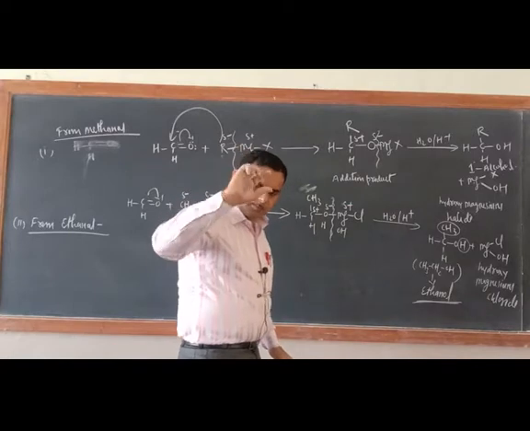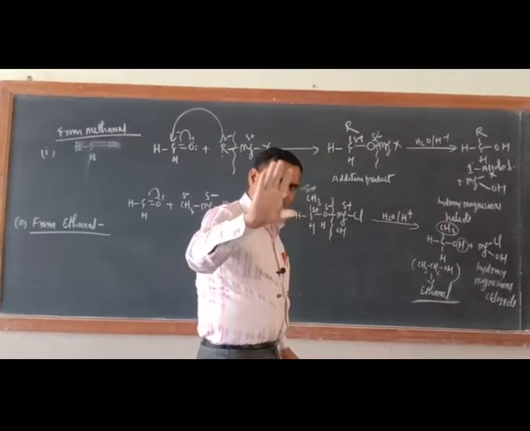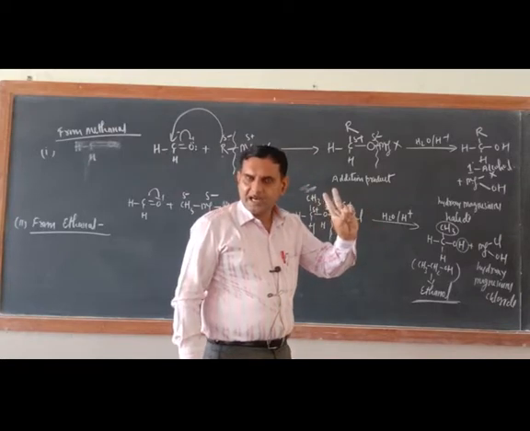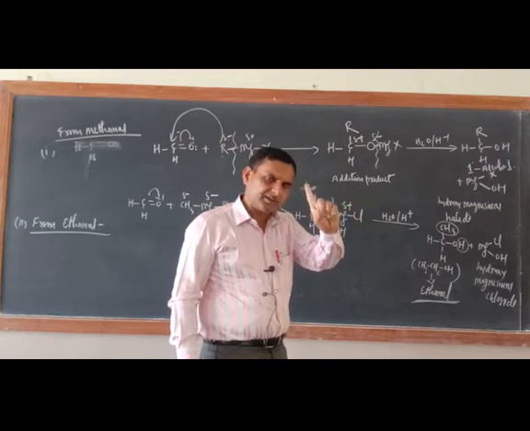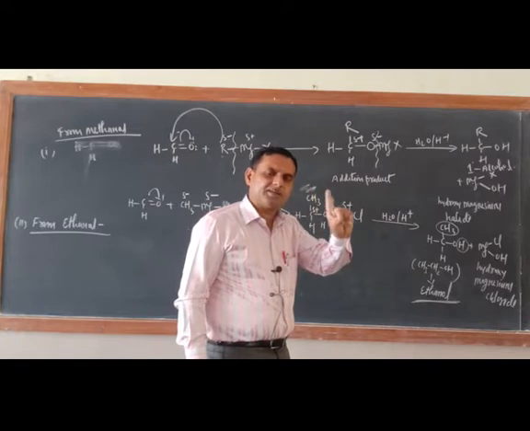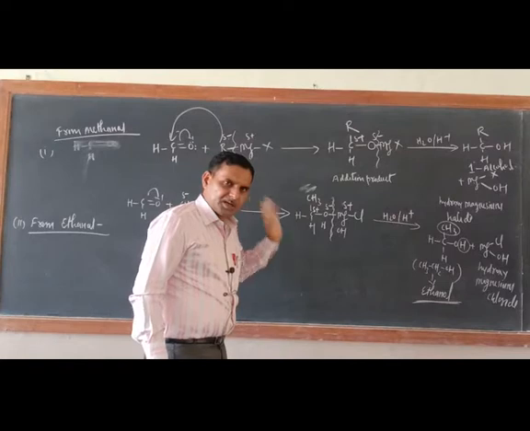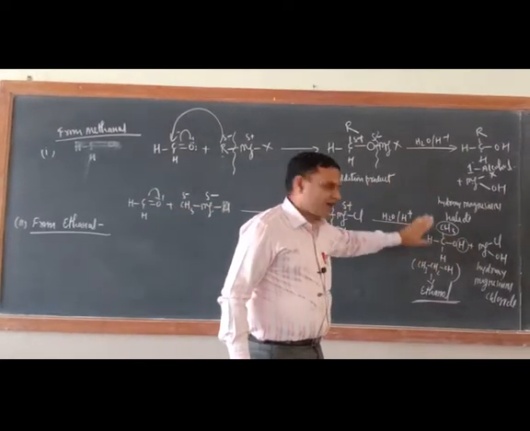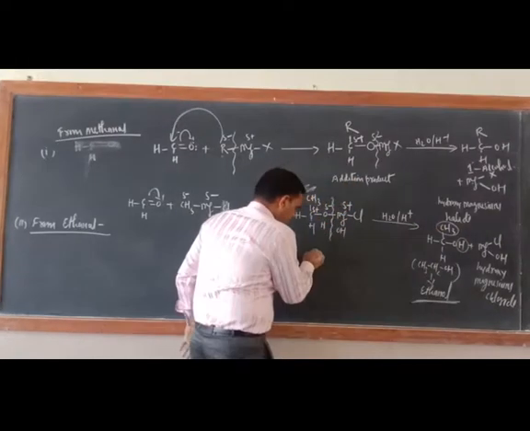See, whatever alcohol is formed after the reaction with Grignard reagent, one thing is sure, one alkyl group must be furnished by the Grignard reagent, at least one, it may be more than one. So from the product you remove that alkyl group. So I have removed the CH3 group.